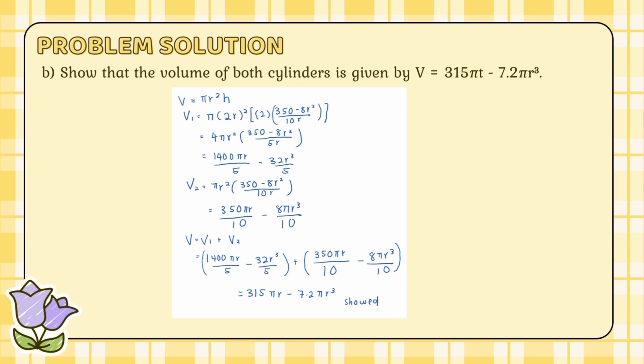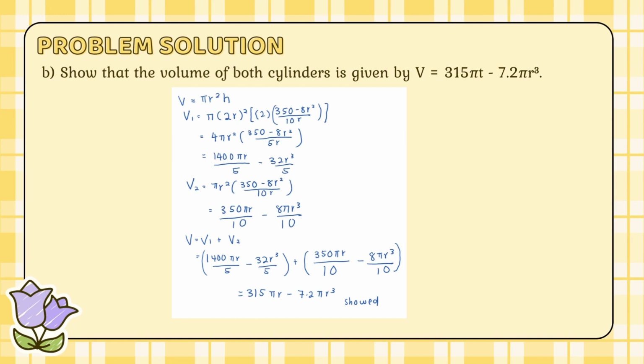So, the next question is, show that the volume of both cylinders is given by V equals 315 pi r minus 7.2 pi r cubed. As we know, the general formula for the volume of a cylinder is V equals pi r square h.